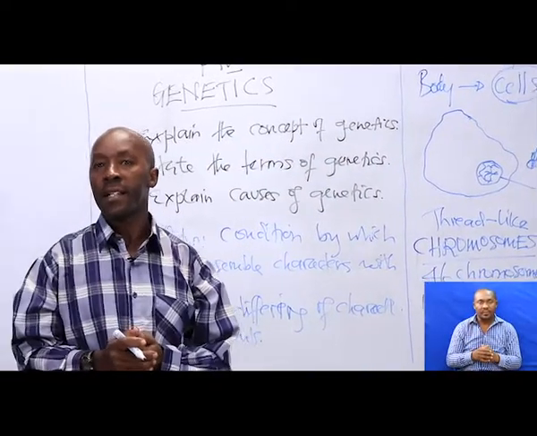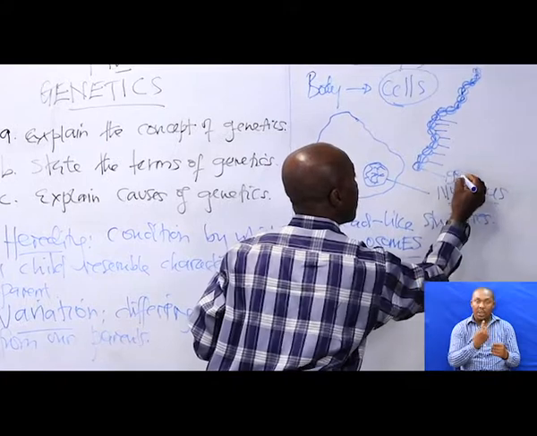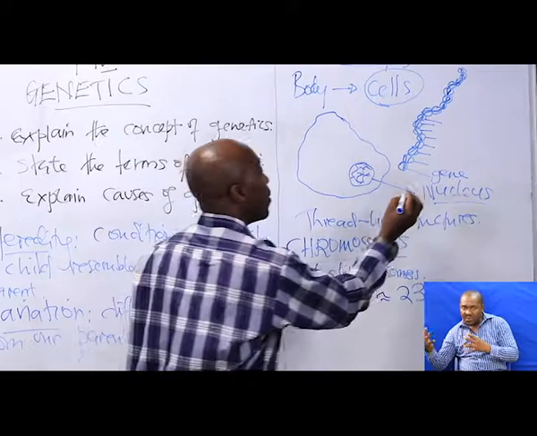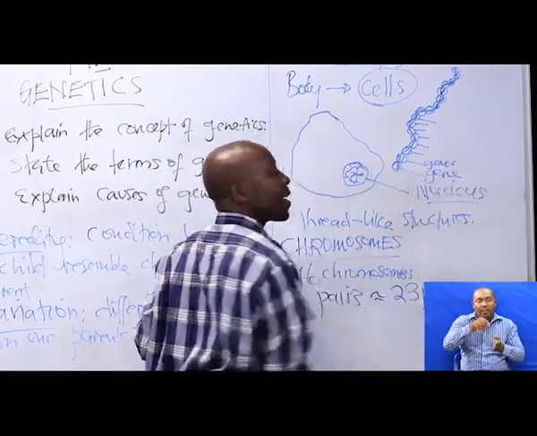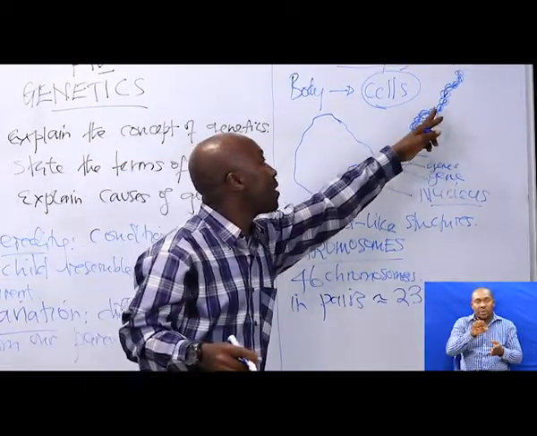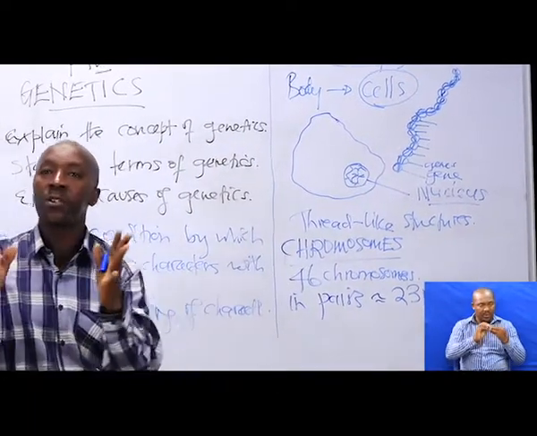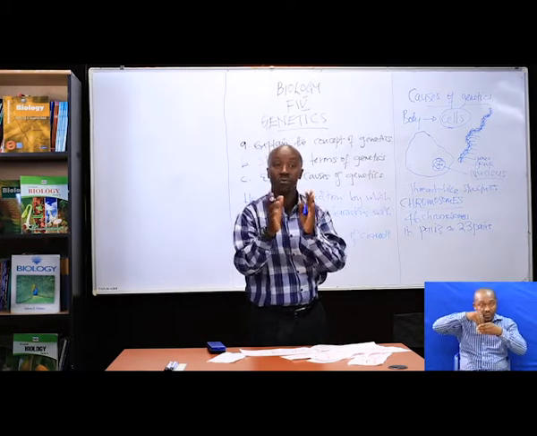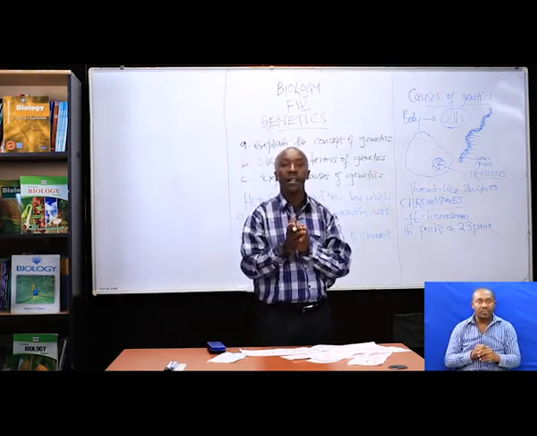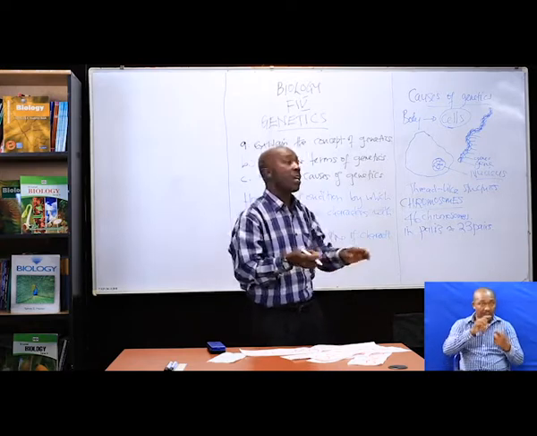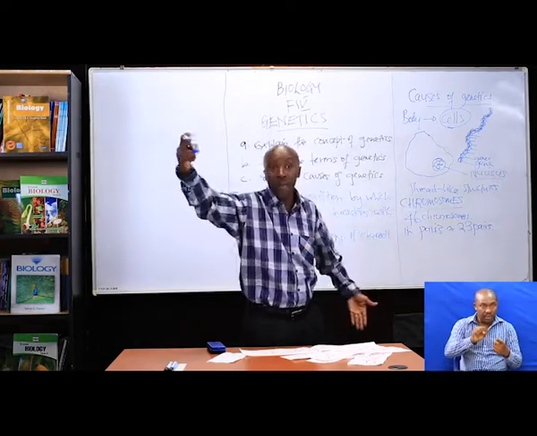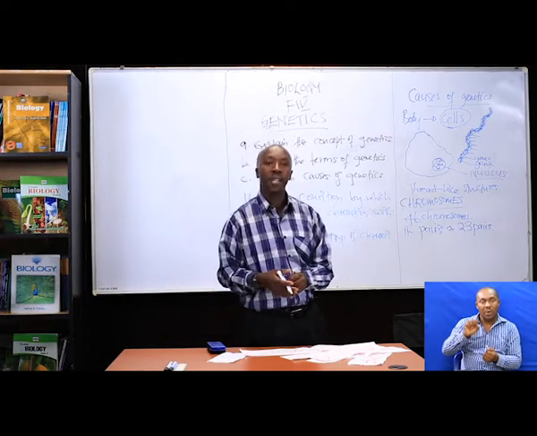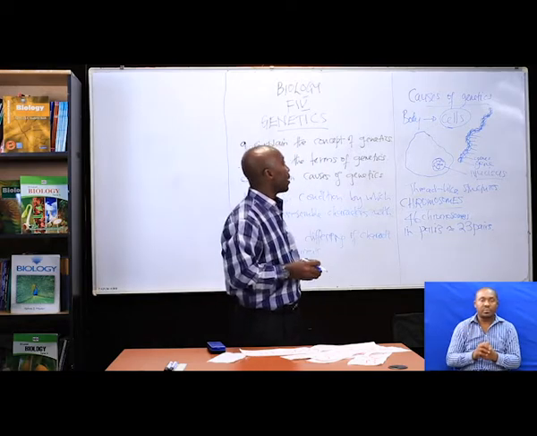Each segment is called a gene. Therefore, the string of genes constitutes a chromosome. In other words, we can say a chromosome is made up of a number of genes.